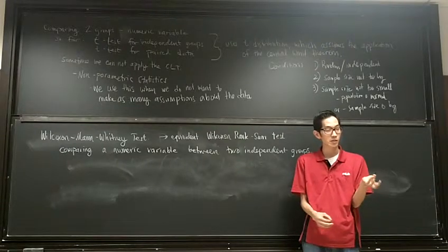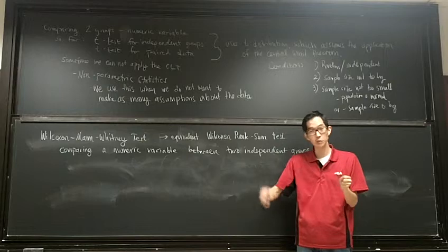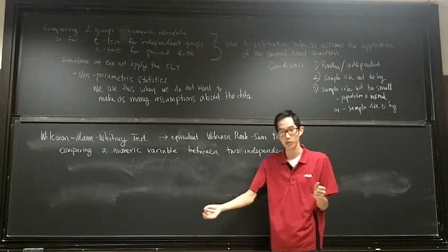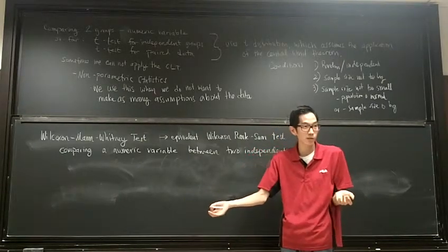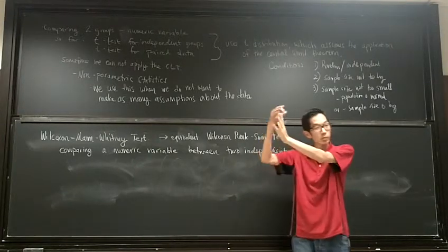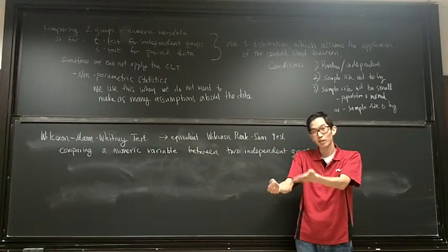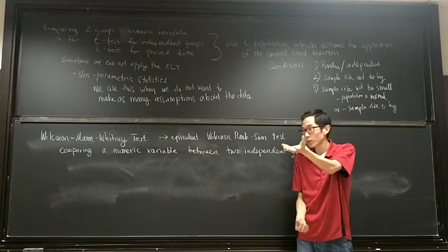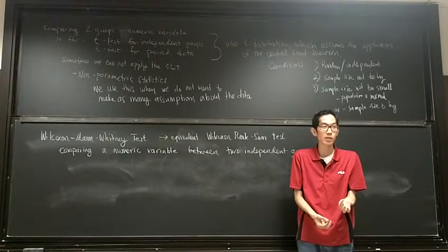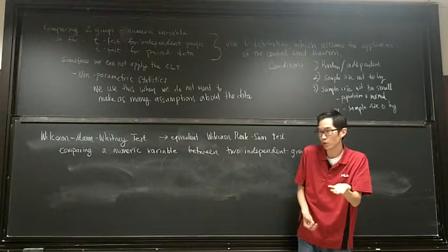So power is the probability of detecting, when you're supposed to reject the null hypothesis, that the null hypothesis is false. Okay? So for a more powerful test, if the null hypothesis is false, a powerful test will detect that it's false quite often. A less powerful test will say, I'm not so sure, right?